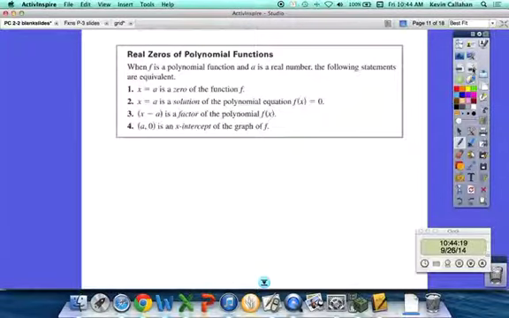The difference is like this. If you have f of x equals some function, let's say x squared plus 5x plus 4, then we would factor it, x plus 4 times x plus 1, and x equals -4 and -1.